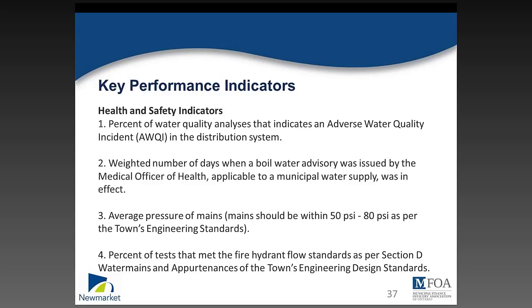And on the water pressure side, we have the average pressure of water in our system, and also the percent of fire hydrant flows that meet the standard, and that one again should always be 100% of the time.